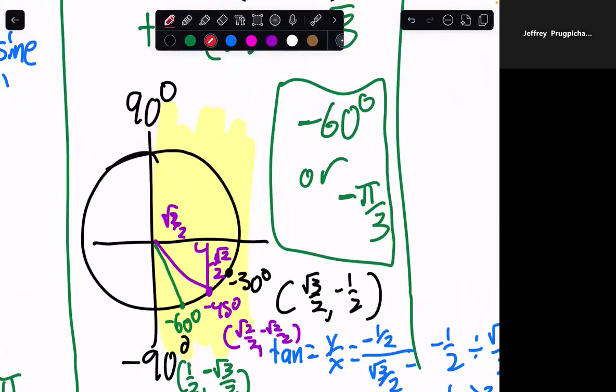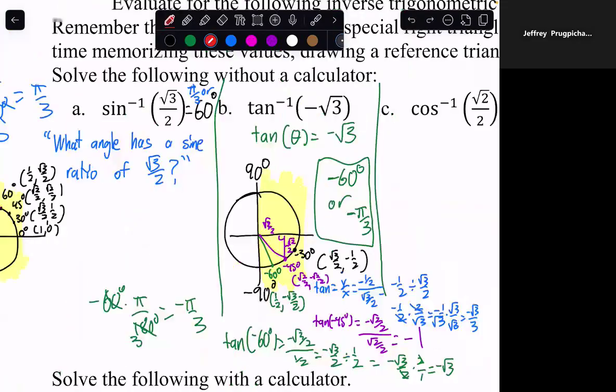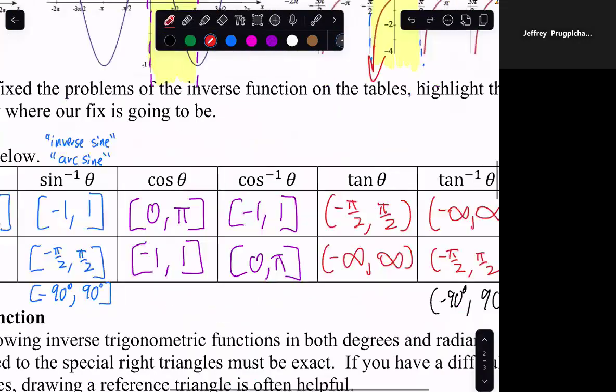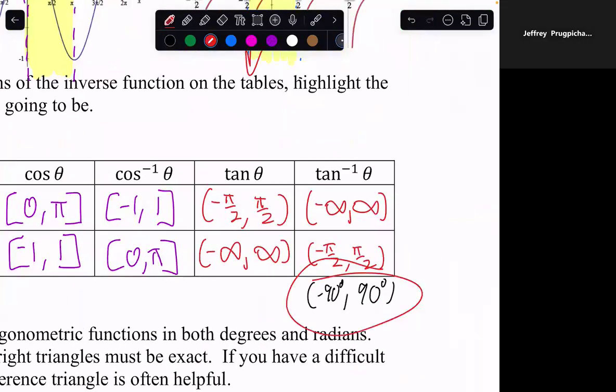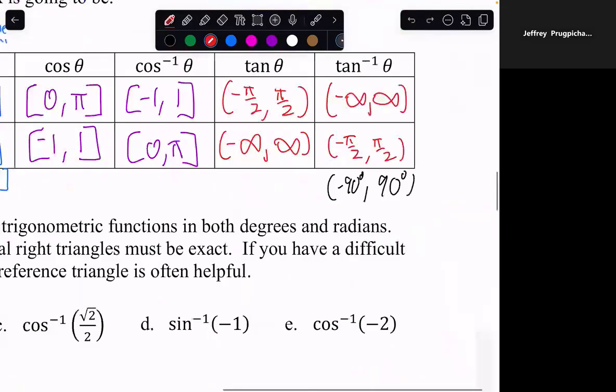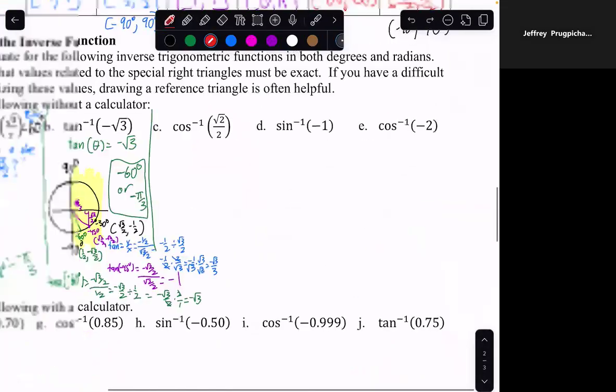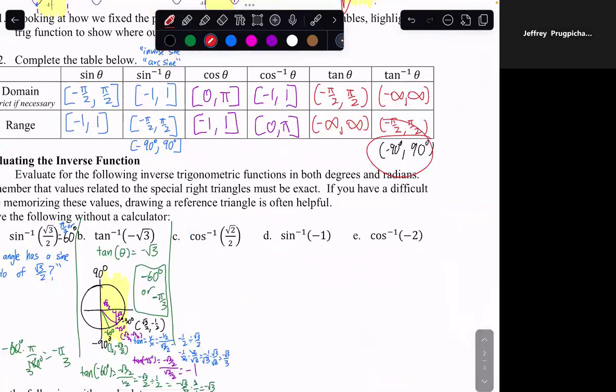Even though negative 60 and positive 300 are coterminal, they do hit the same point on the circle, 300 degrees is not within the allowable range for inverse tangent. So you can't use coterminal angles. You have to use the angle within the given range.